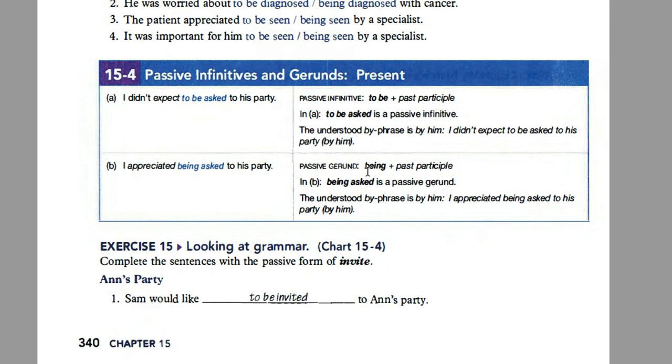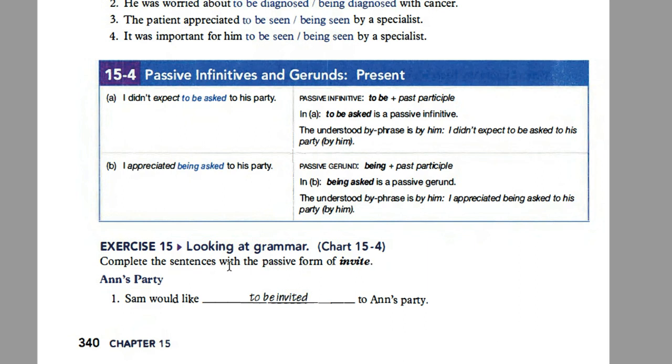Also, we can use being. That's called passive gerund, and we don't need to change our mind about this phrase because it will have the same function as passive. I appreciated being asked to his party. No need to add at the end by him.